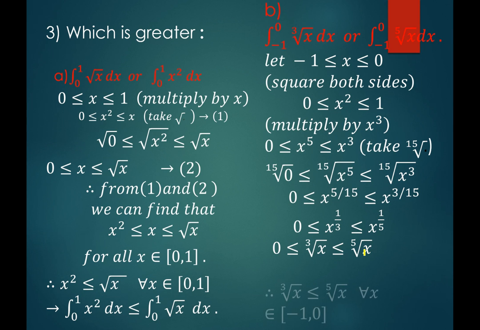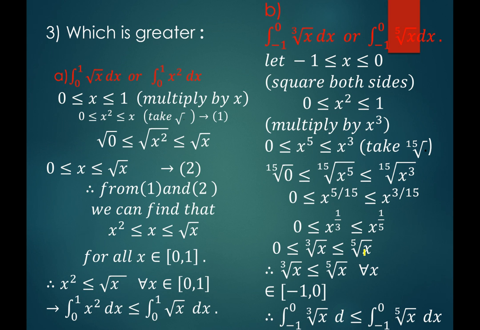So if you take the integration over the interval from negative 1 to 0, the smallest area will be smaller than or equal to the integration of the biggest region, which is the fifth root of x dx. So we proved that this one is smaller than that one.